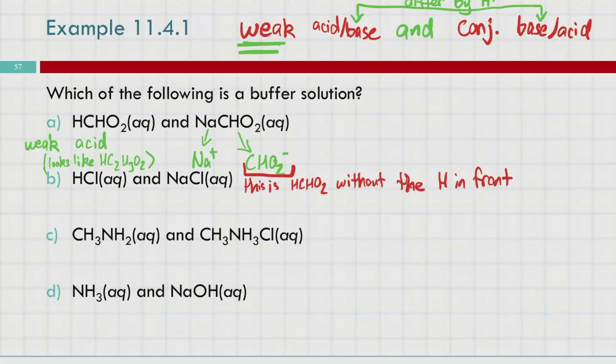Right? It gets released as an H plus. So we've got weak acid and conjugate base. This is a buffer solution.